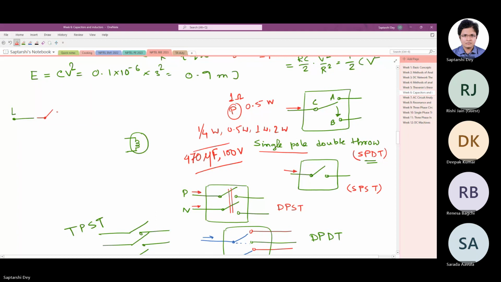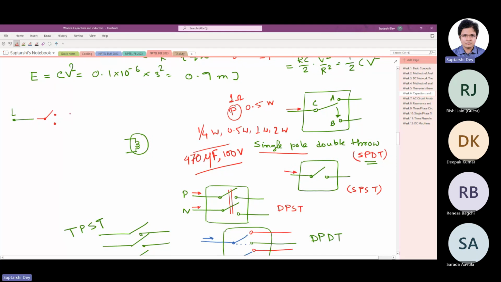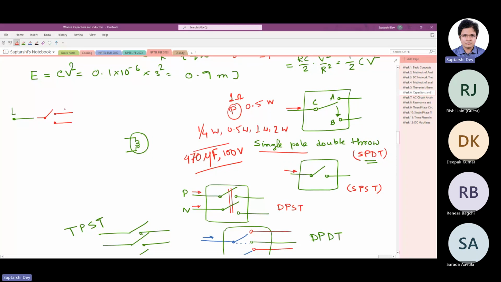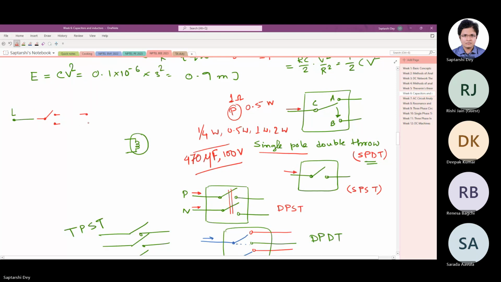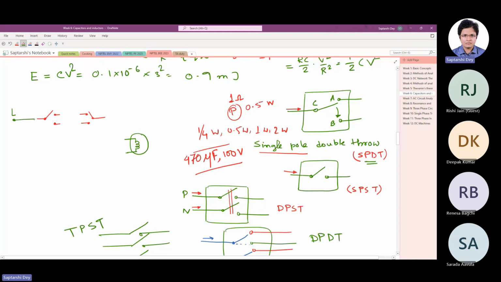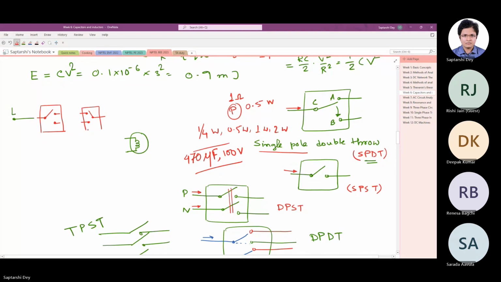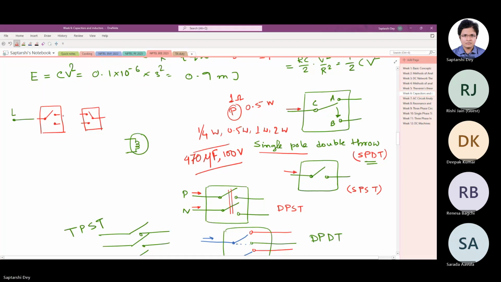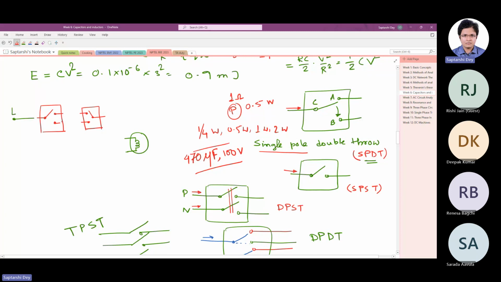a single pole double throw switch here, like this, and there is another single pole double throw switch here, like this, and the connection goes like this.